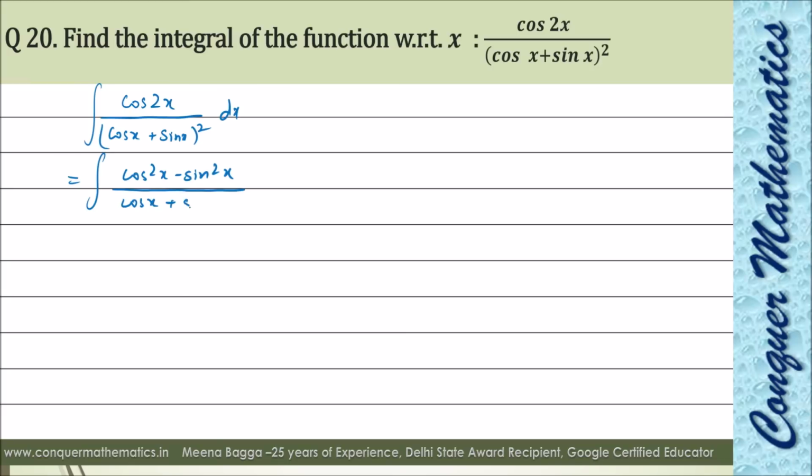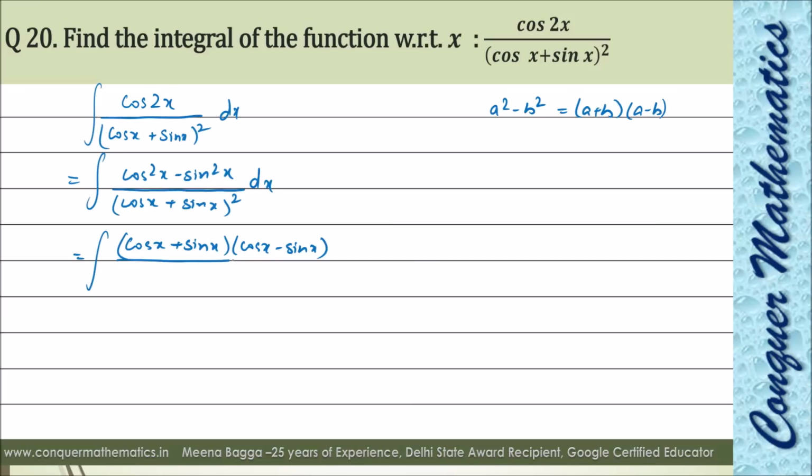Now we can use an algebraic identity again. Cos square x minus sin square x means a square minus b square, which can be written as a plus b into a minus b. What is a? Cos x. What is b? Sin x. So this will be cos x plus sin x into cos x minus sin x.